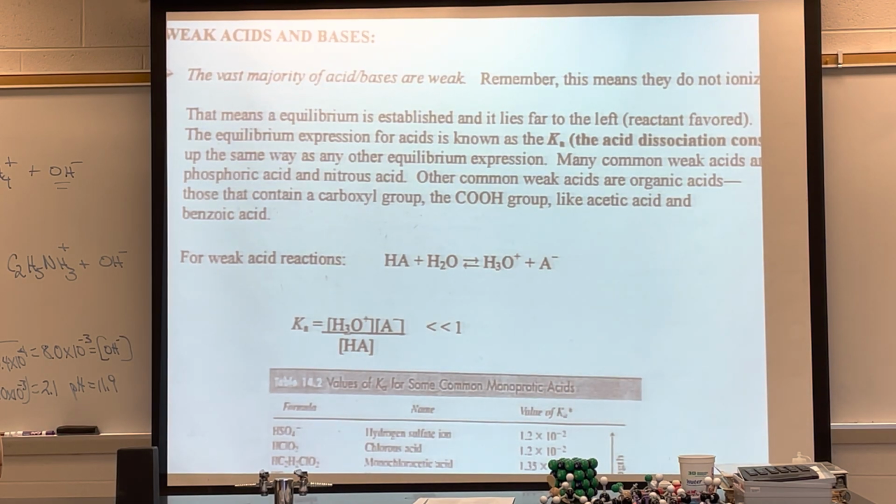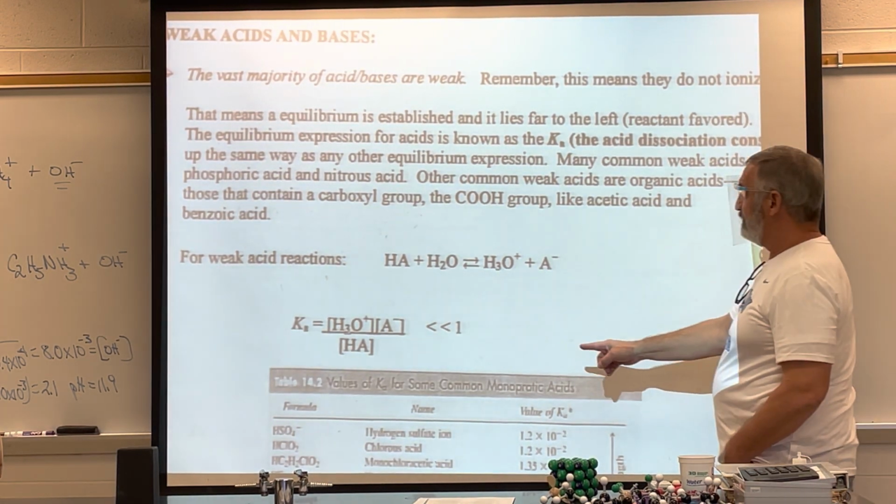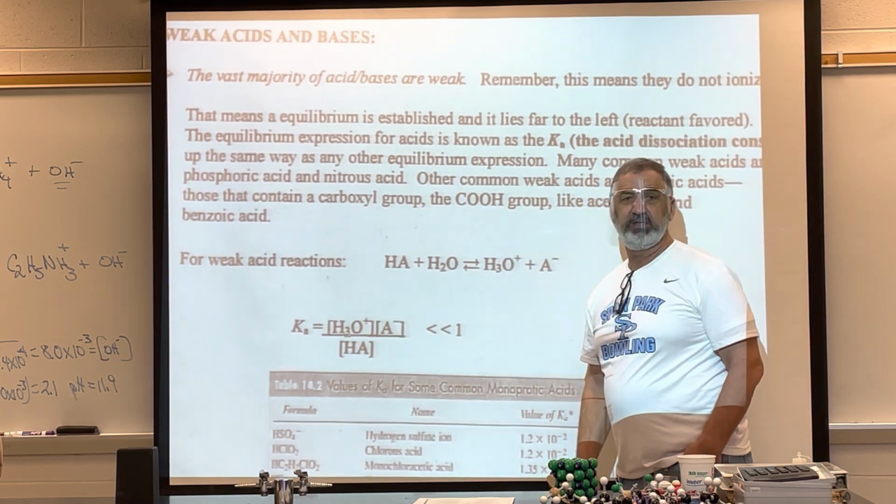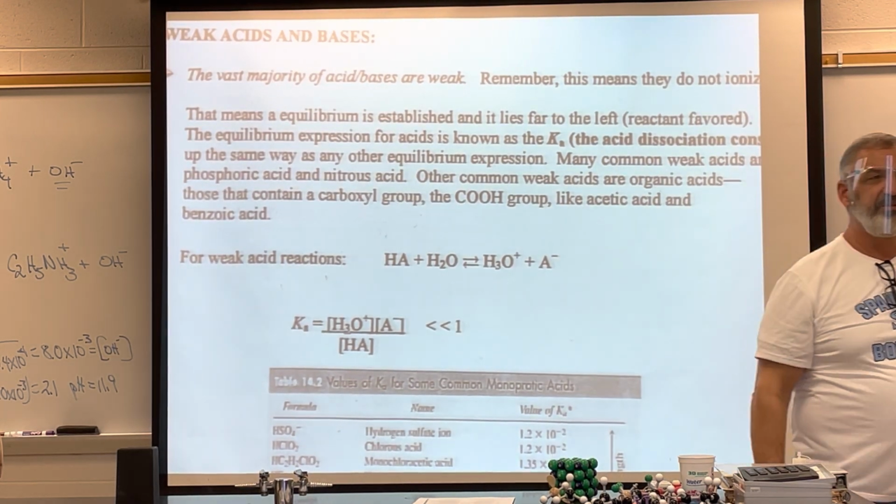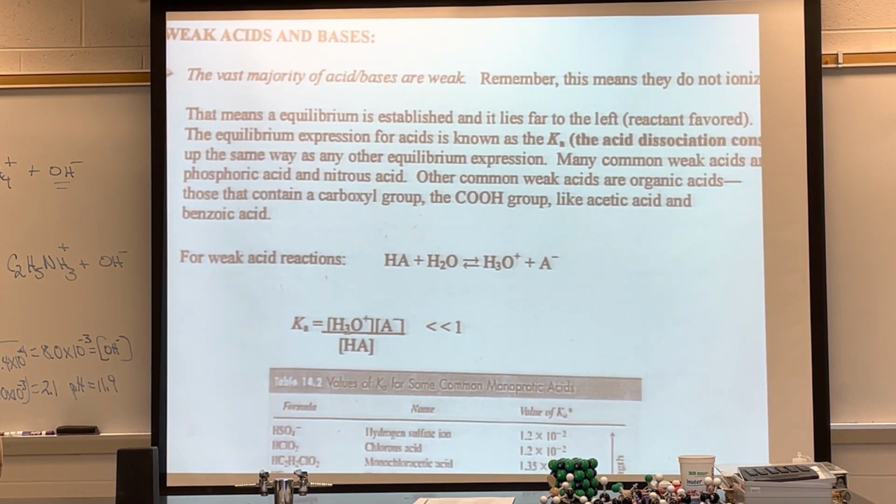The vast majority of acids or bases are weak. We already know that. We only have the 6 strong acids, and we have our 7 strong bases in block B on the periodic table. That simply means the Ka is going to be much less than. What is this symbol? Two less thans.